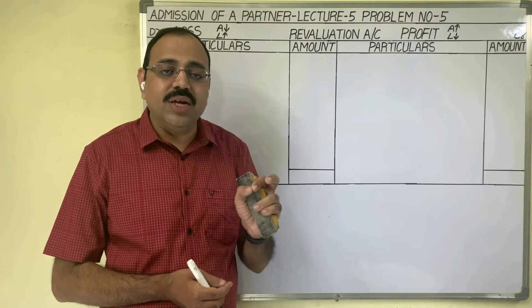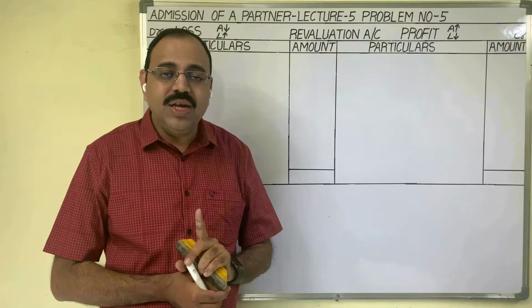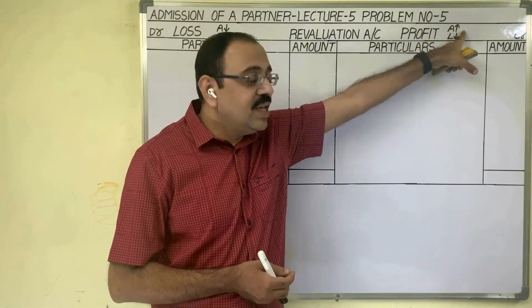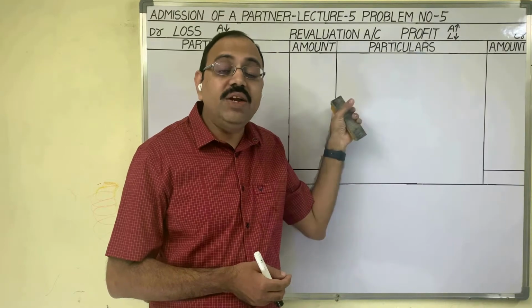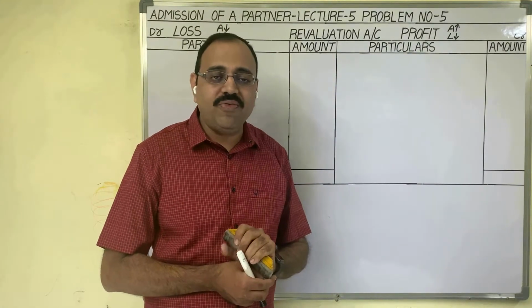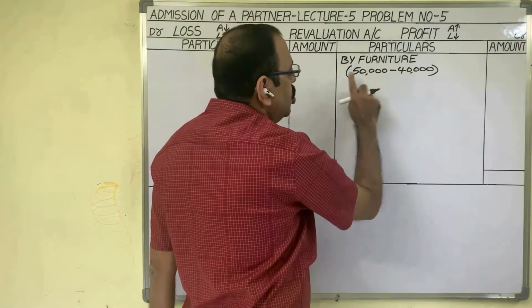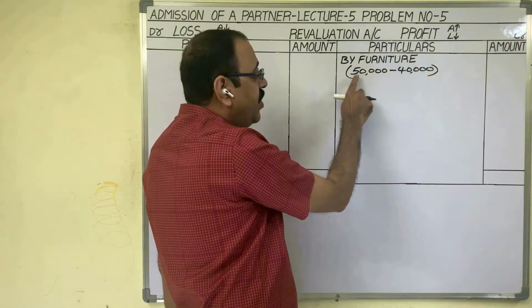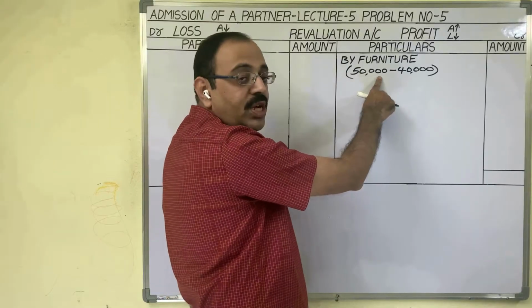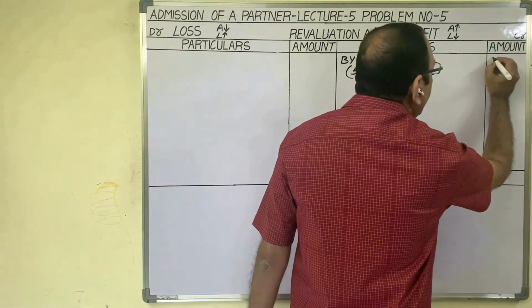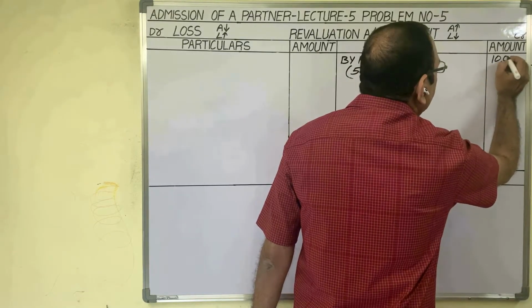That 10,000 is profit because furniture is an asset and the asset value is increasing here. So on the credit side we show that 10,000 rupees profit. What to write? By furniture. Show the calculation in brackets: furniture market value 50,000 minus furniture book value 40,000. Furniture is increased by 10,000 rupees.